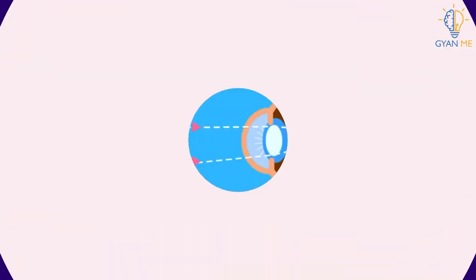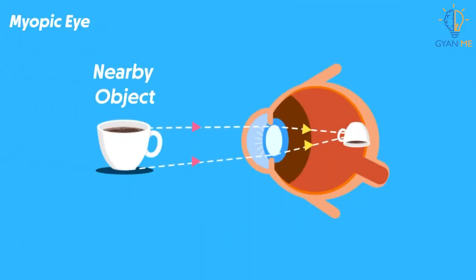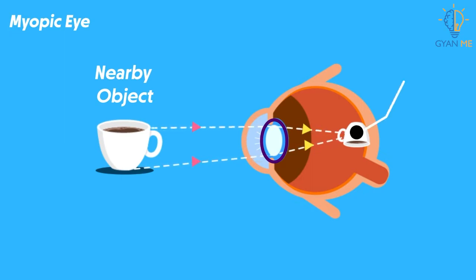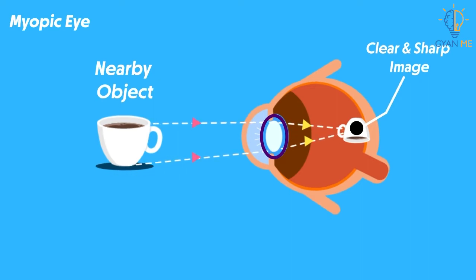In a myopic eye, the rays coming from a nearby object refract perfectly to converge on the retina. This is because the lens can really become thicker and reduce its focal length. Therefore, a clear and sharp image is formed exactly on the retina.